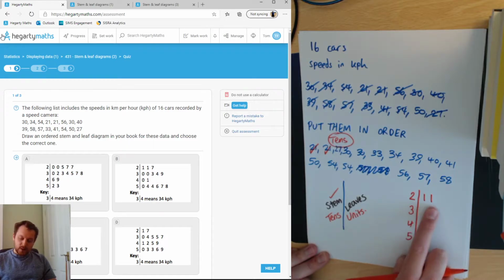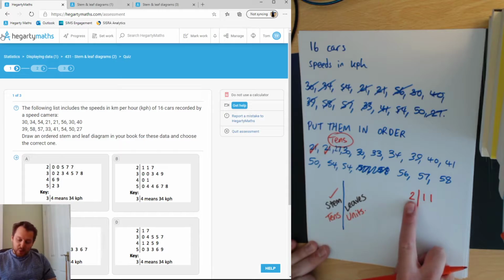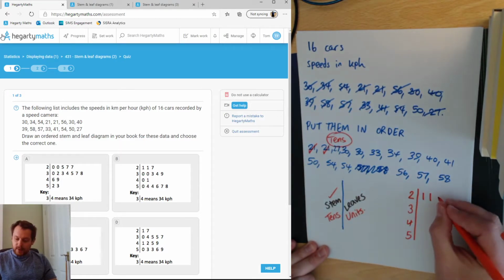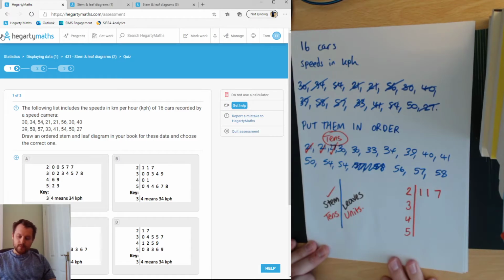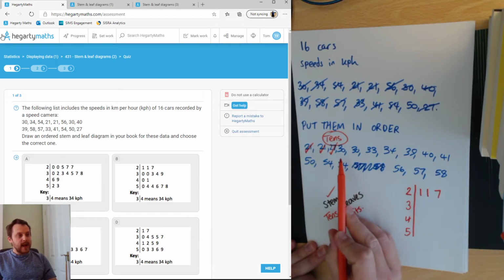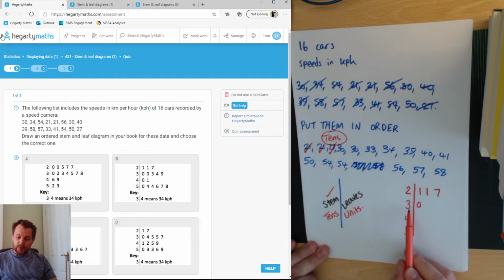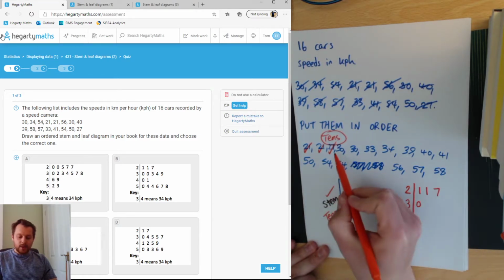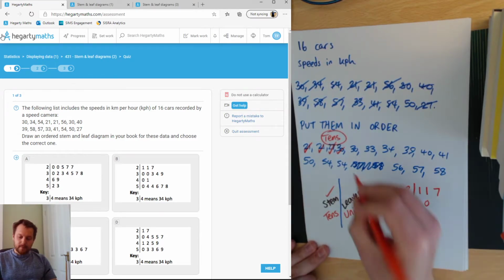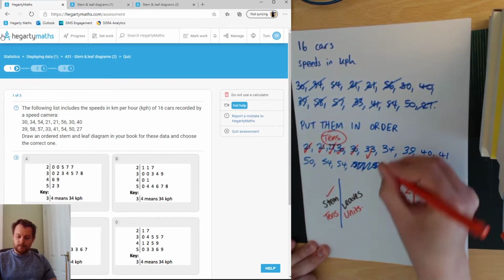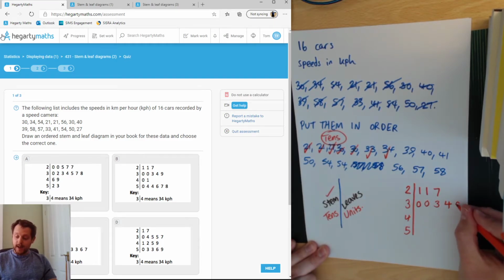So this is not an 11, and it's not even just a 1, it's a 21, a 21, then there'll be a 27. Now we'll go to the next one down, which will be 30. So I must put a 0 there for 30. Then there's another 30. Then there's a 33 and a 34 and a 39.